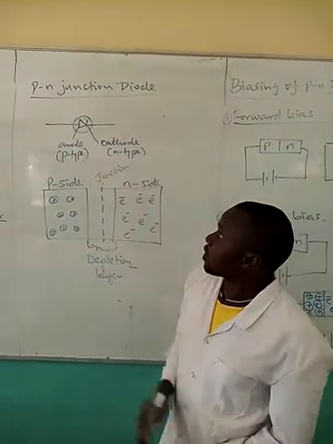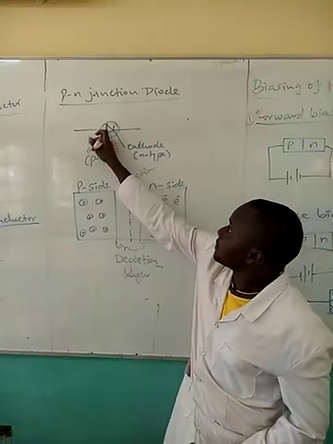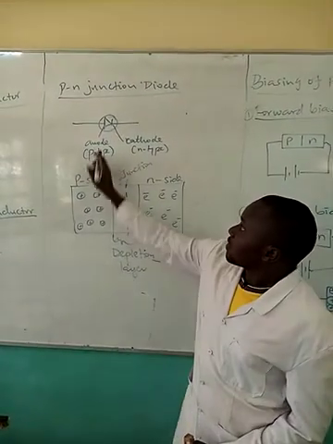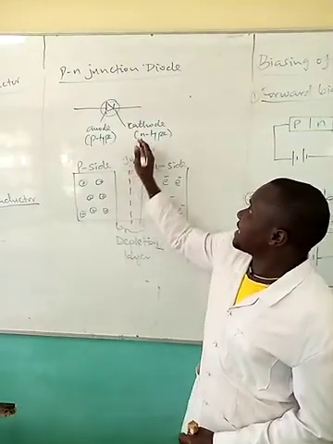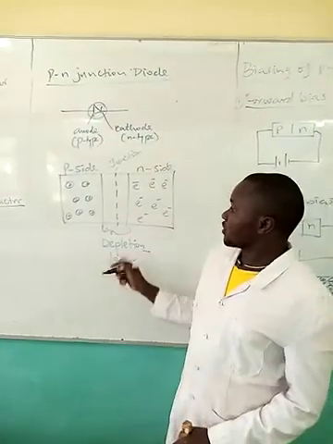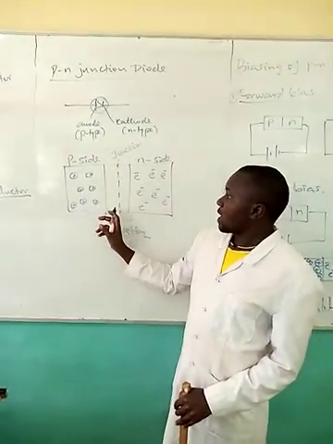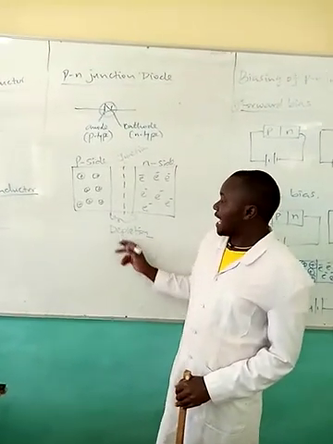So this is the symbol of a p-n junction diode. We have the P side, which is the anode, and the N side, which is the cathode. In a p-n junction diode, there is a region around the P side and the N side, which we call the depletion layer.